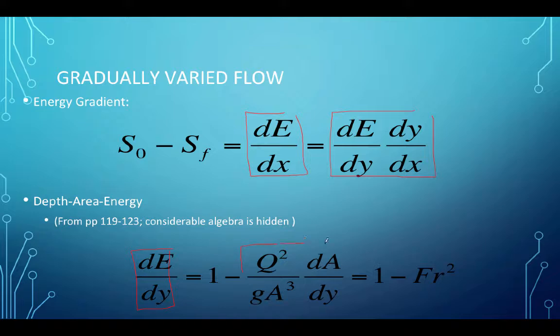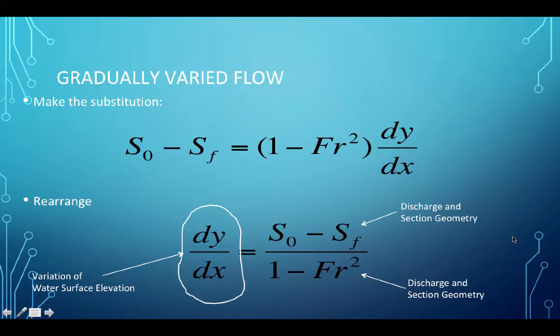And it turns out that this entire group of terms happens to be equal to a dimensionless number called the Froude number squared. dA dy, if you recall, is going to have something to do with the top width, because if you remember, we integrated an area panel to get the area as a function of depth. We'll get to that shortly.